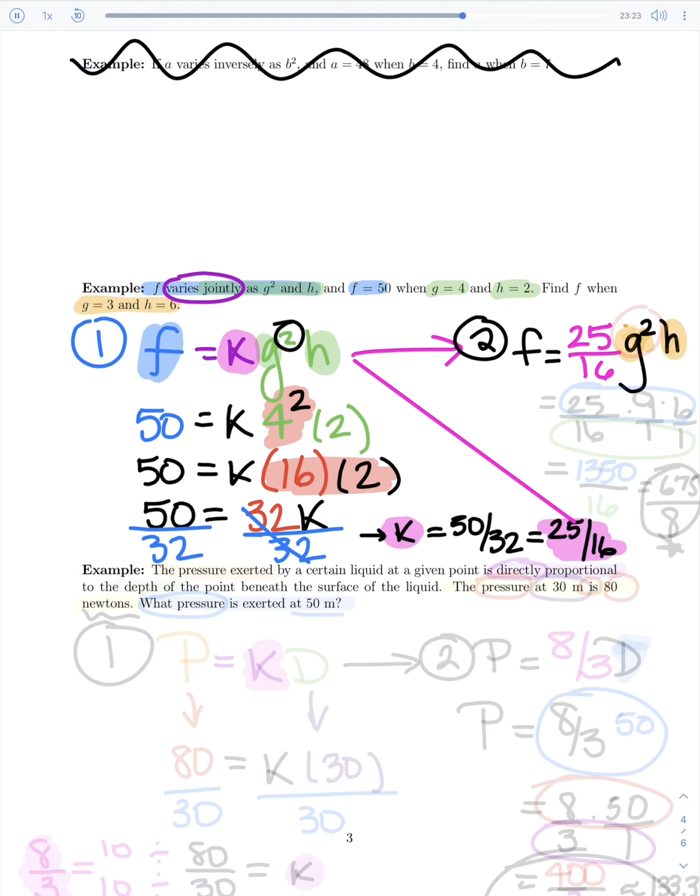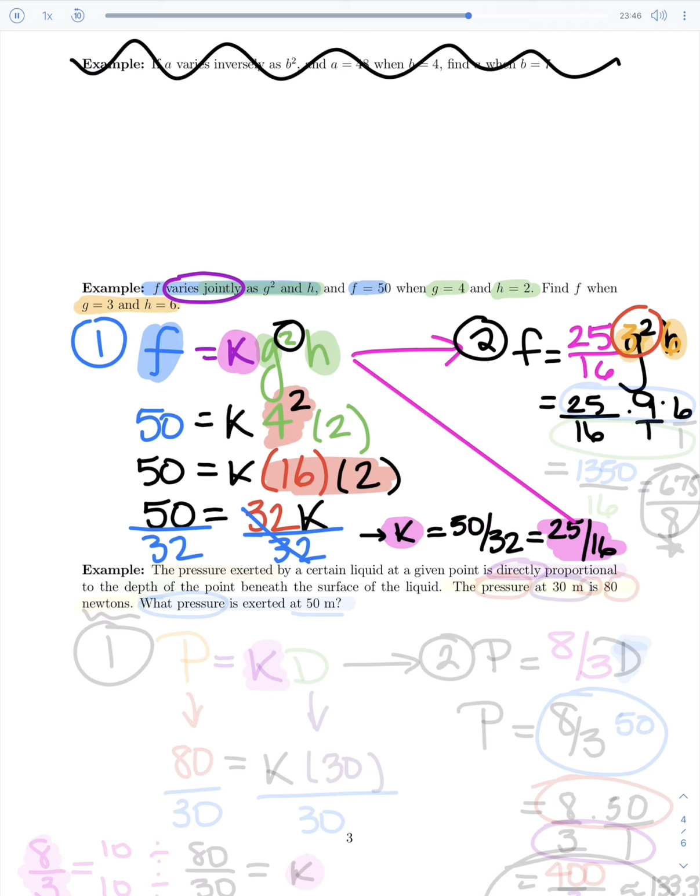So if I plug in a G of 3 and an H of 6, remember you'll be stuck doing order of operations, so you have to do the 3 squared first, which is 9. So that will give me 25 over 16 times 9 times the 6 from the H.